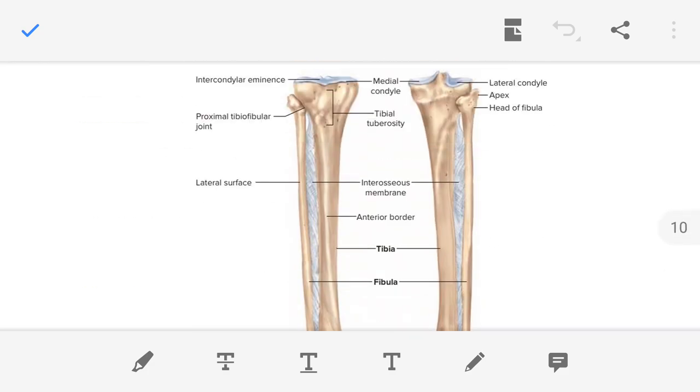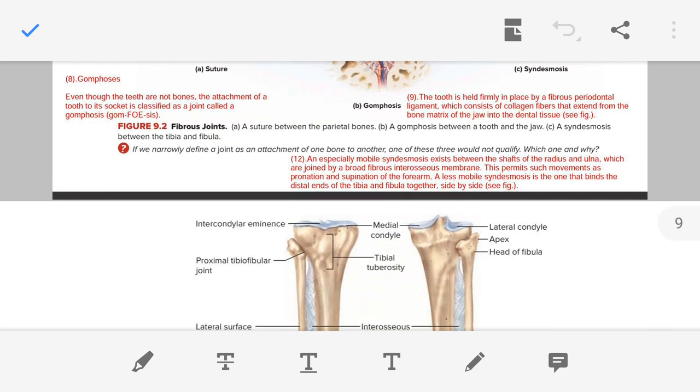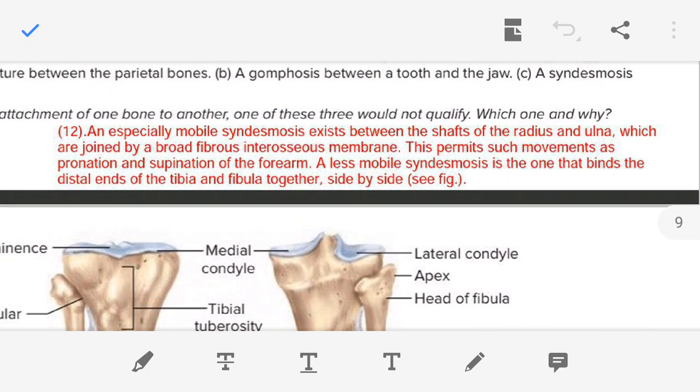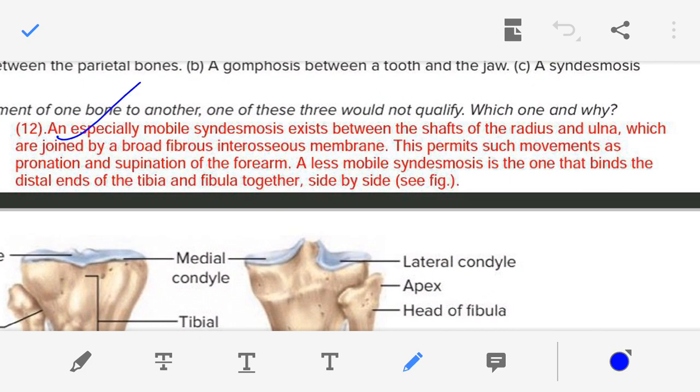This one is the last point of our discussion, the syndesmosis joint. For syndesmosis, we remember that between radius and ulna and tibia and fibula, the interosseous membrane is present, and it permits such movement, for example, the pronation and supination of the forearm.